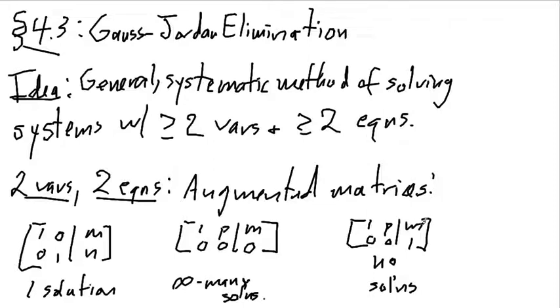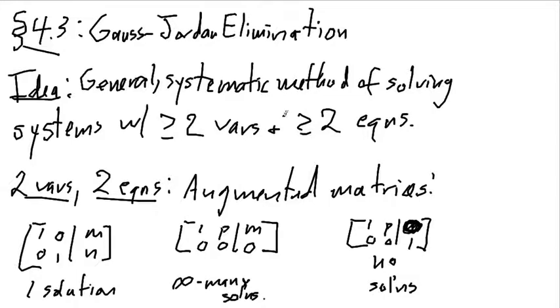In fact, over here, I could reduce this to having a 0 up here. So anytime we have a 1, anything above it or below it is a 0. Also, any 1 is to the right of any 1 above it. So this one down here is to the right of this one up here. And finally, these zeros are at the bottom.